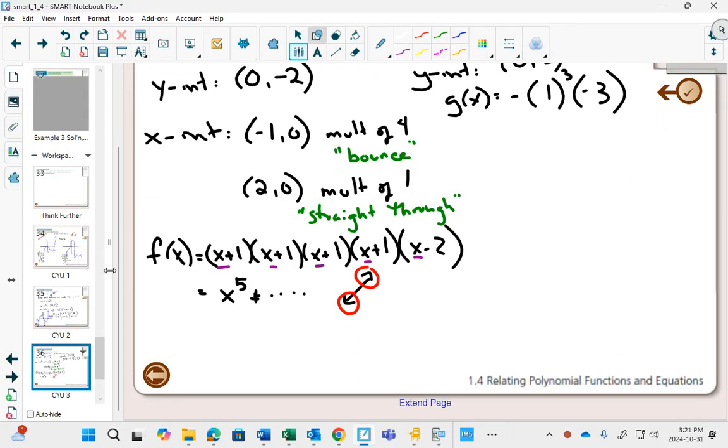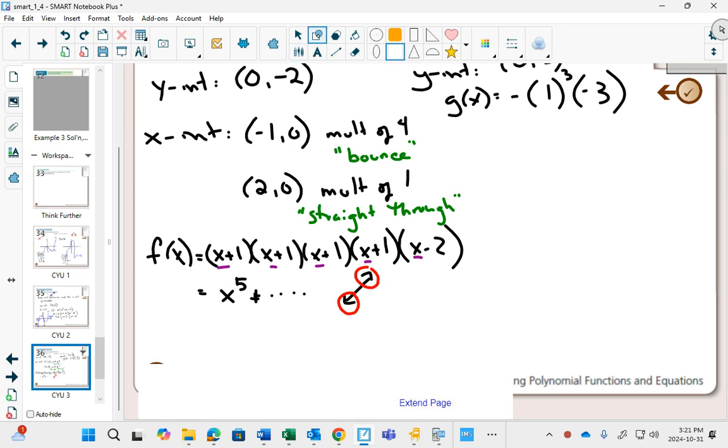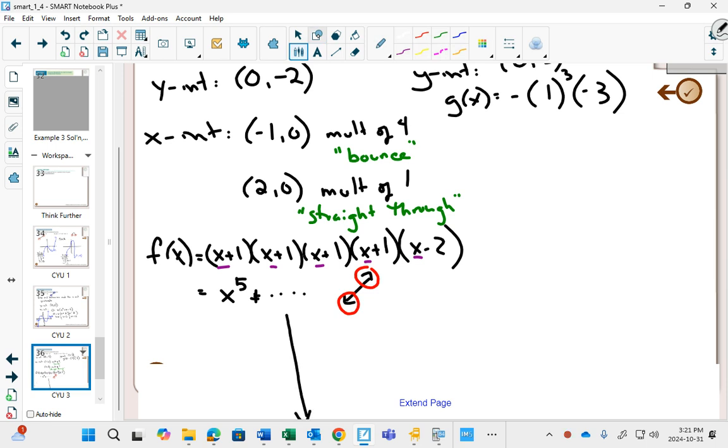So now when I go to graph this, my y-intercept at -2. Wait, this is the wrong class, sorry. X-intercepts at -1 and at 2.